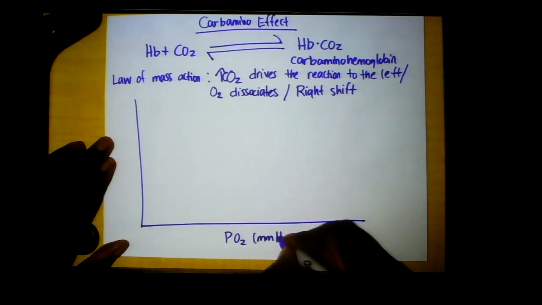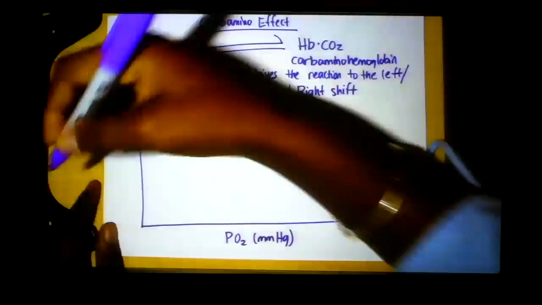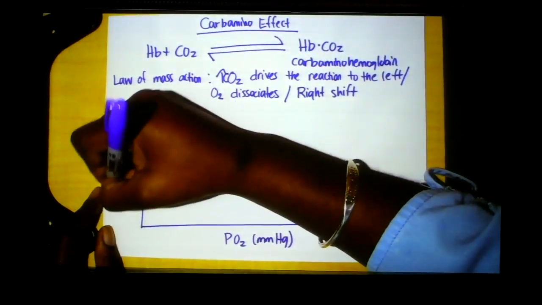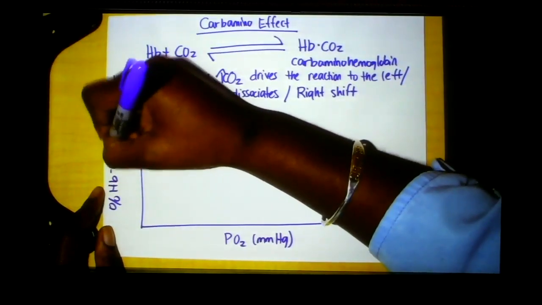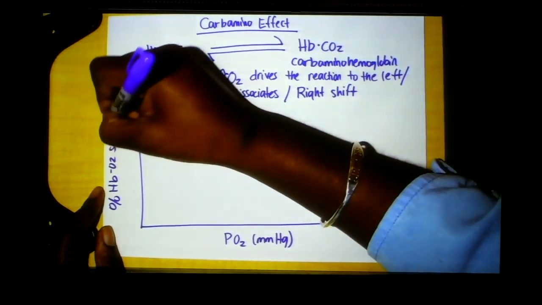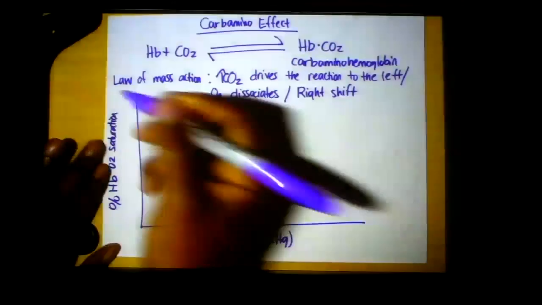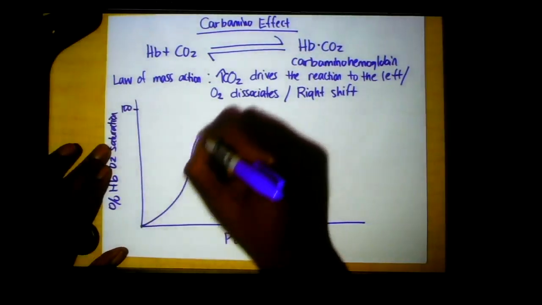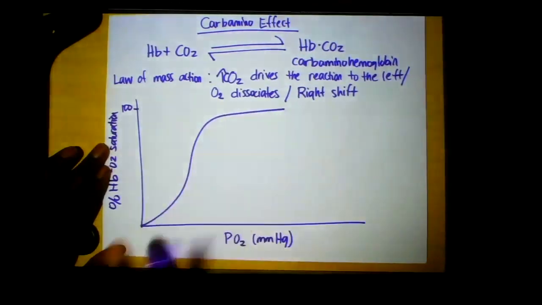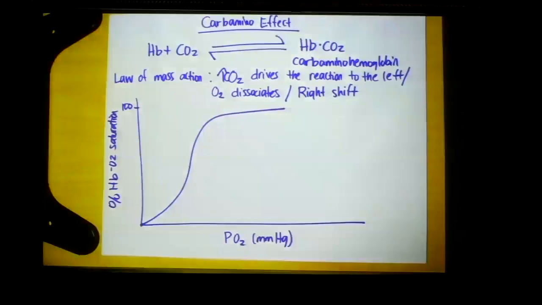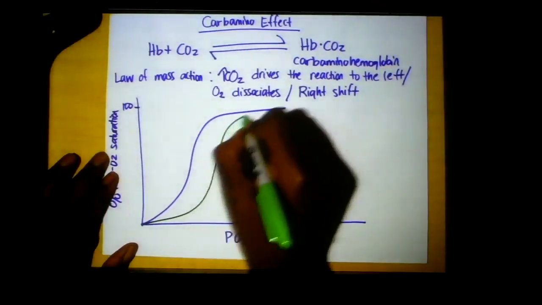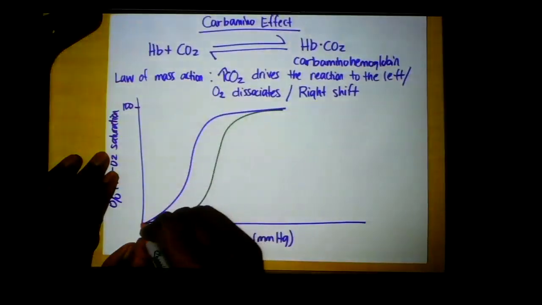Although this should be very familiar at this point. This should make sense, right? So we've got our normal curve. We've got our right shift, and we've got our left shift.